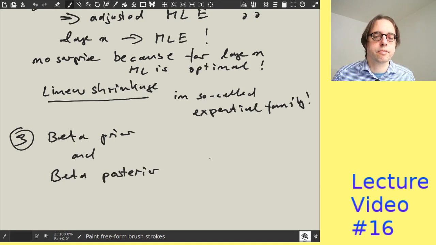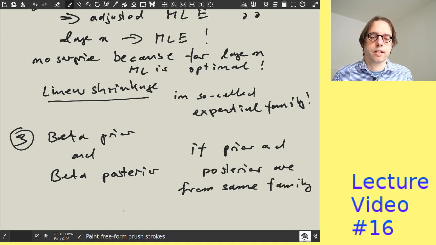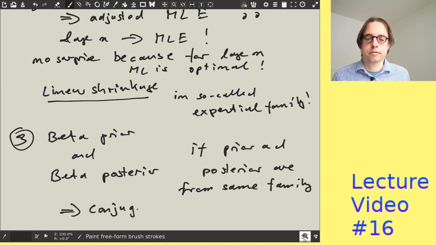If prior and posterior are from the same family, then this has a name, and this means we have a conjugate model.